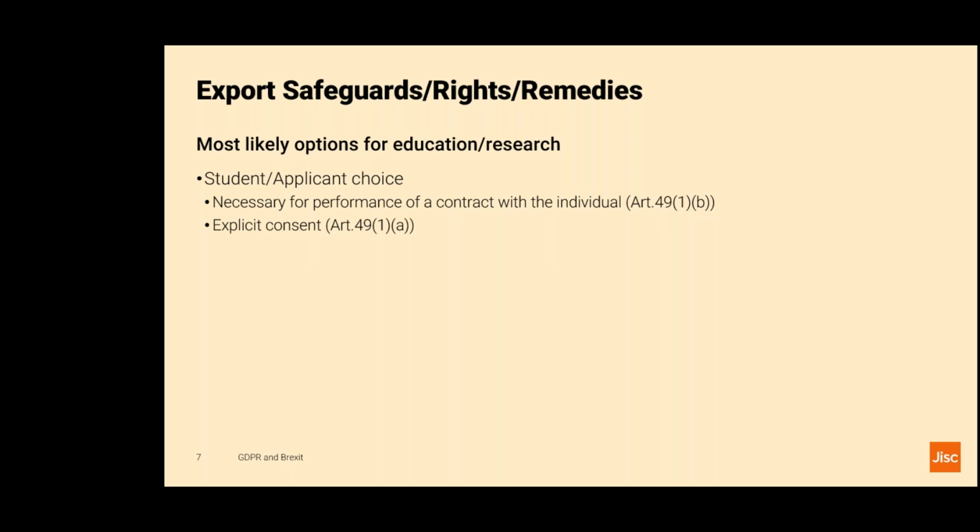Or if it's additional information that isn't actually necessary for the performance of the contract but might be useful, or an applicant, somebody before applying is asking for information, so there's no immediate likelihood of a contract being formed, you would look at explicit consent.